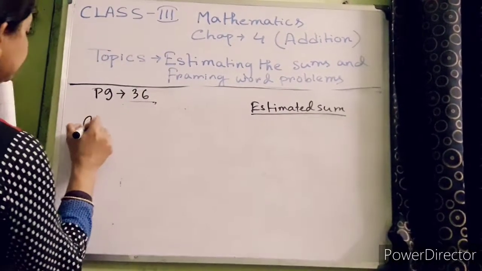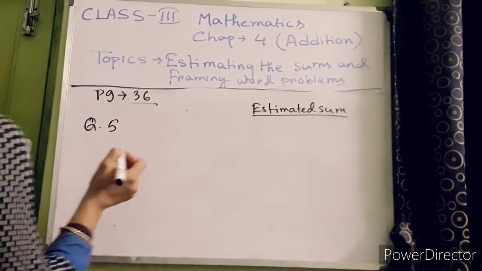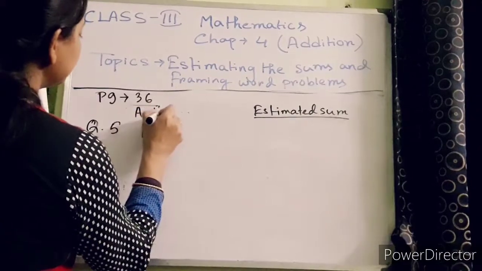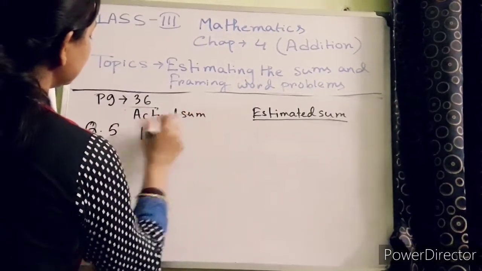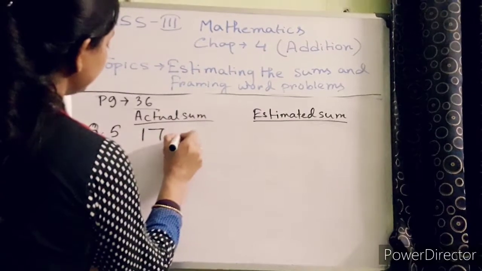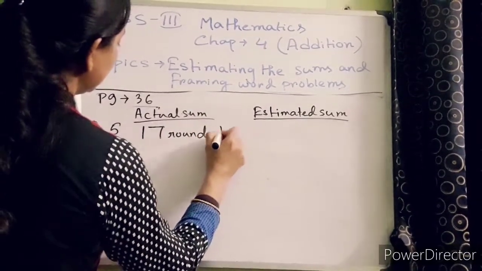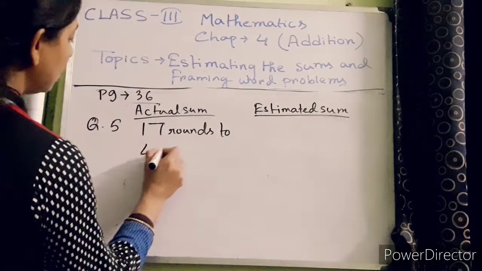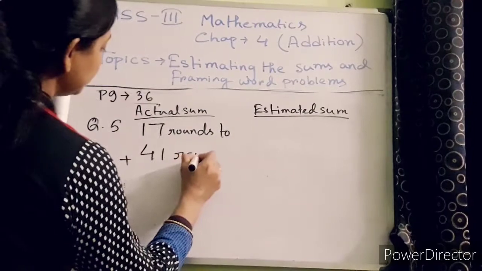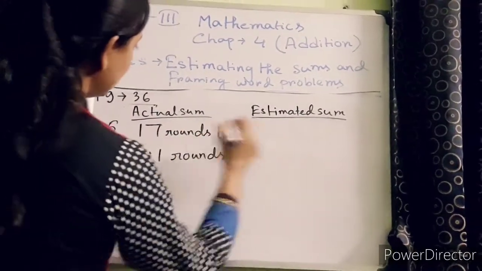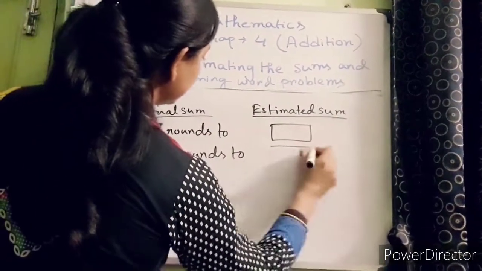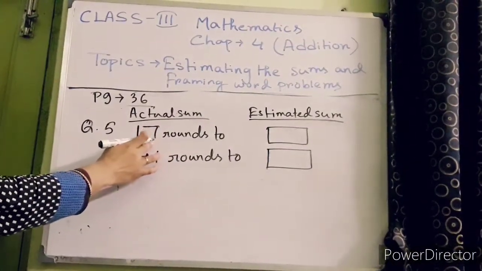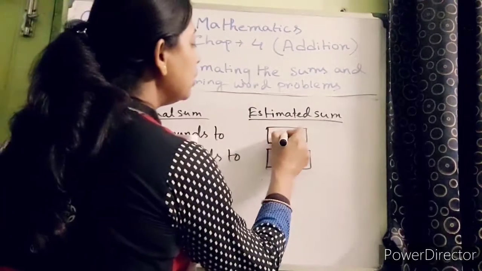Question number 5. 17 rounds to, and the next number is 41. 41 rounds to. 17: 7 is more than 5, so it will be 20.